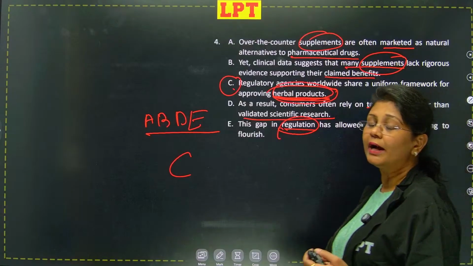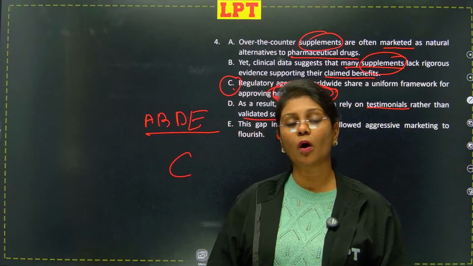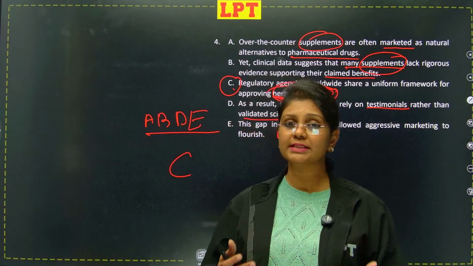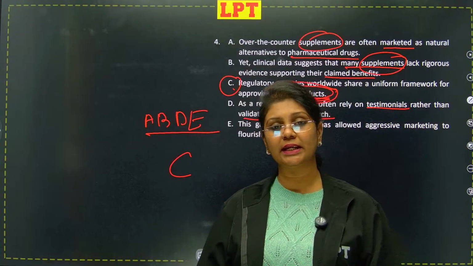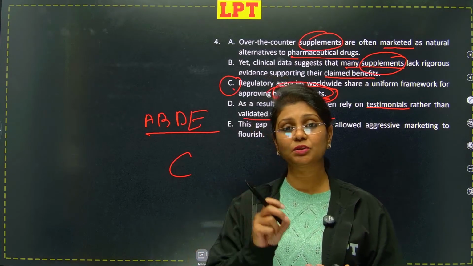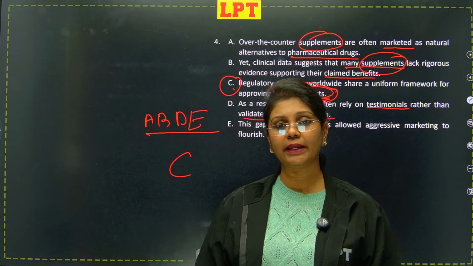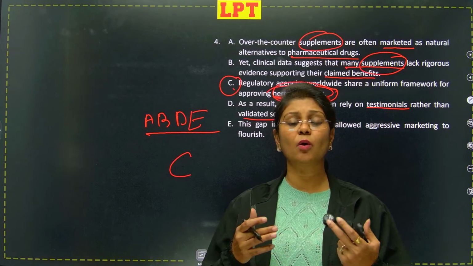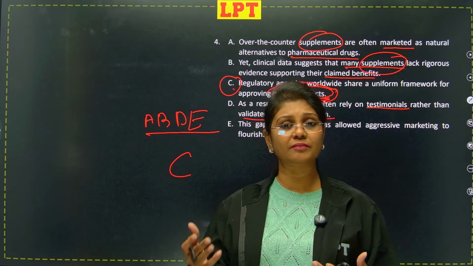Guys, also understand that when you solve an odd one out question, it is always a safer way to figure out the sequence of the sentences and then pick the one that does not fit into that sequence as your correct answer. But sometimes it is better to give it the benefit of the doubt.